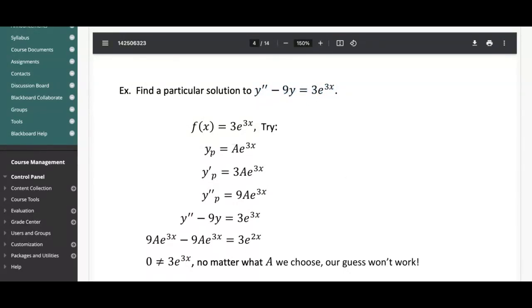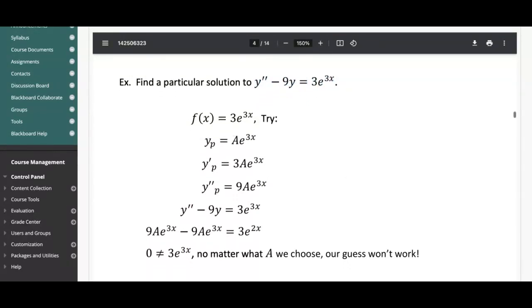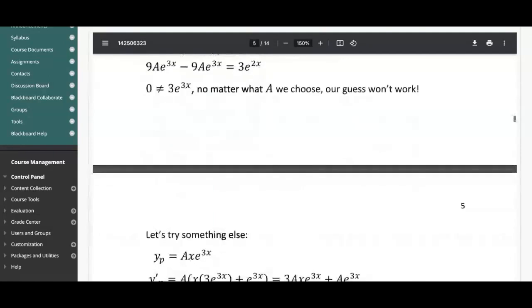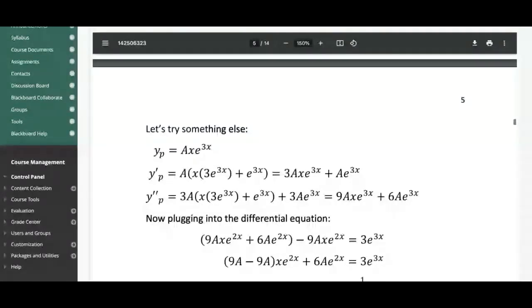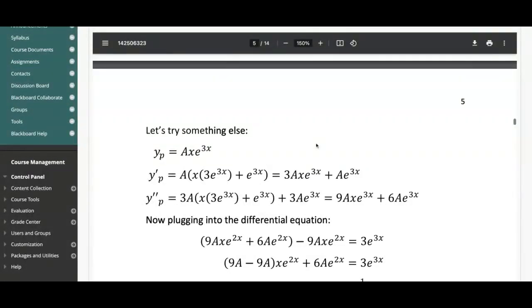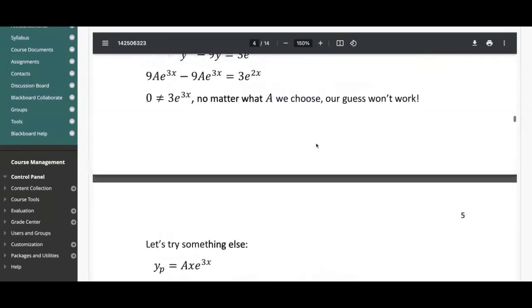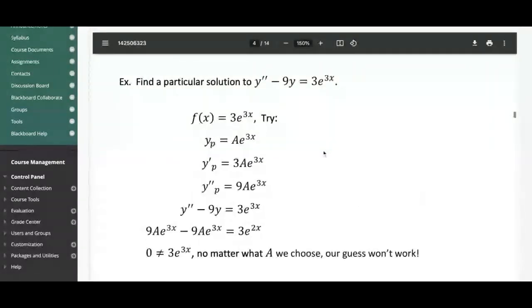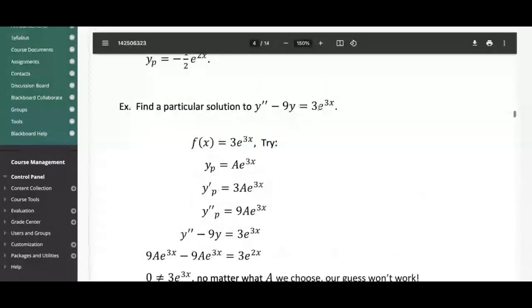Any questions? Let's see, let's try something else. Shuxian, question? Where did your e to the 2x come from? You said 3e to the 2x. Maybe you made a mistake, right?